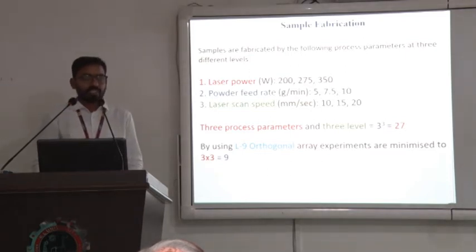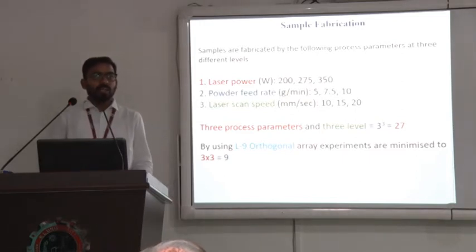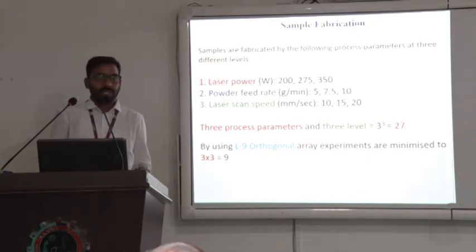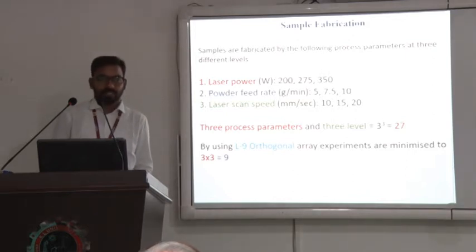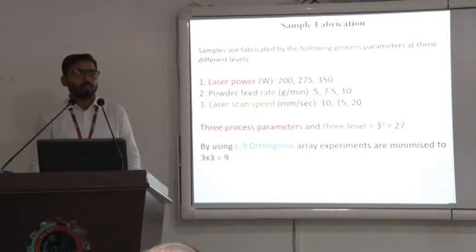These process parameters were identified by conducting preliminary experiments in order to find the lowest and highest limits for the material to achieve quality deposition. We have 3 process parameters at 3 levels, which would lead to 27 experiments. By using an L9 orthogonal array, we can minimize the experiments to 9.